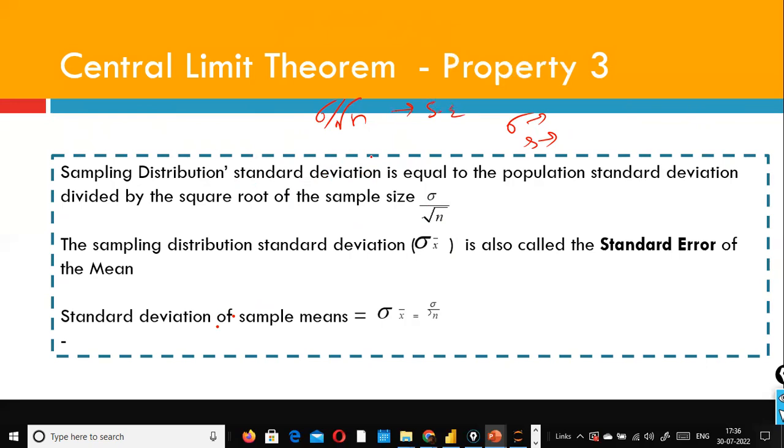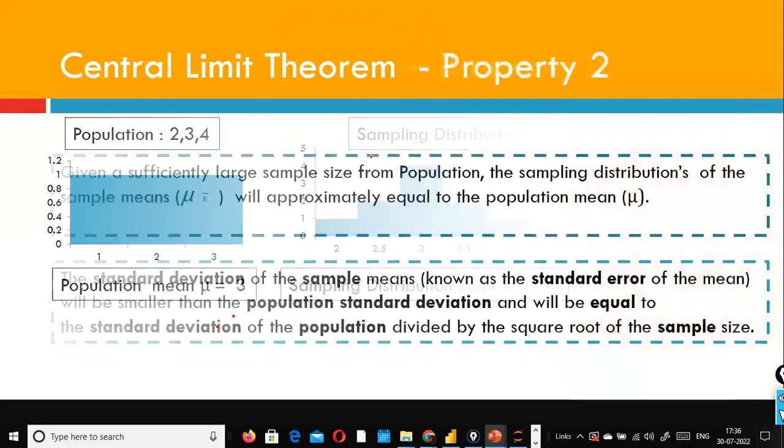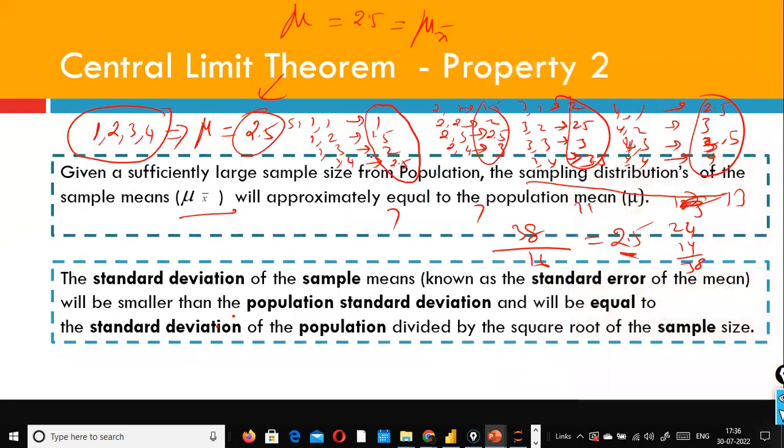What we are doing is looking at how far each mean is different from the population mean, right? This one is somewhat closer, this is 0.5 something else. So to find that, this is called the standard error.